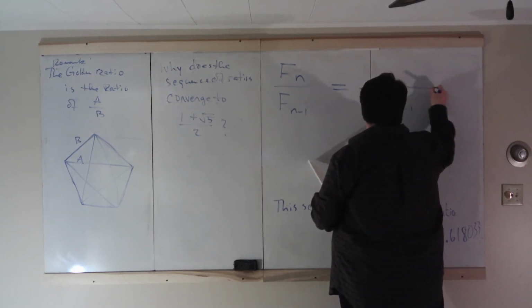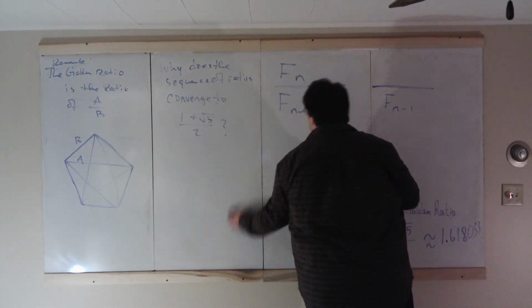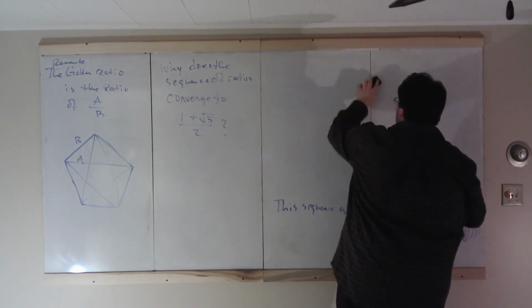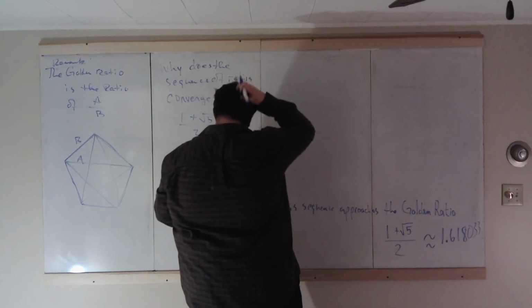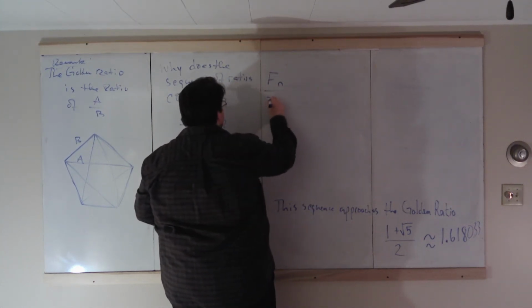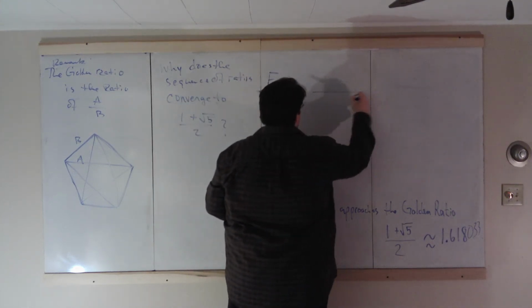What does the top equal? Fn to Fn minus 1 equals what?